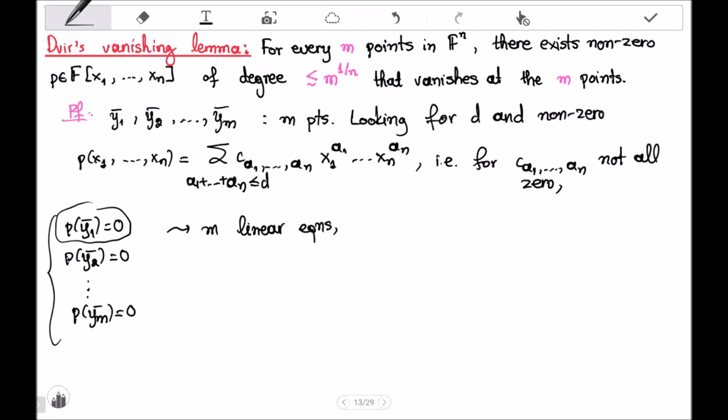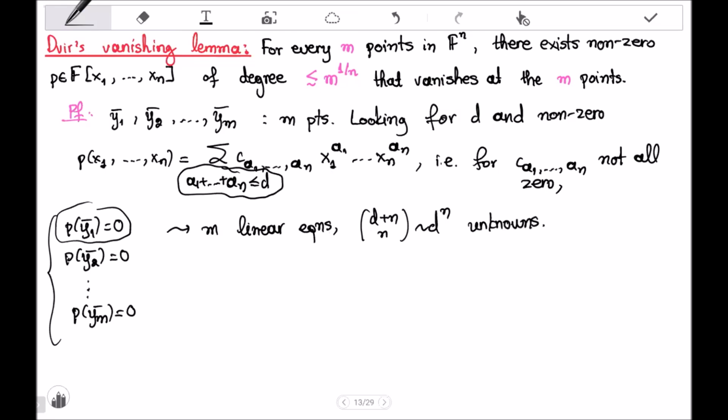And the unknowns are the coefficients, and we know how many they are. They are as many as the n-tuples that satisfy this, and this is d plus n choose n. Or just for simplicity, it's about d to the n unknowns.